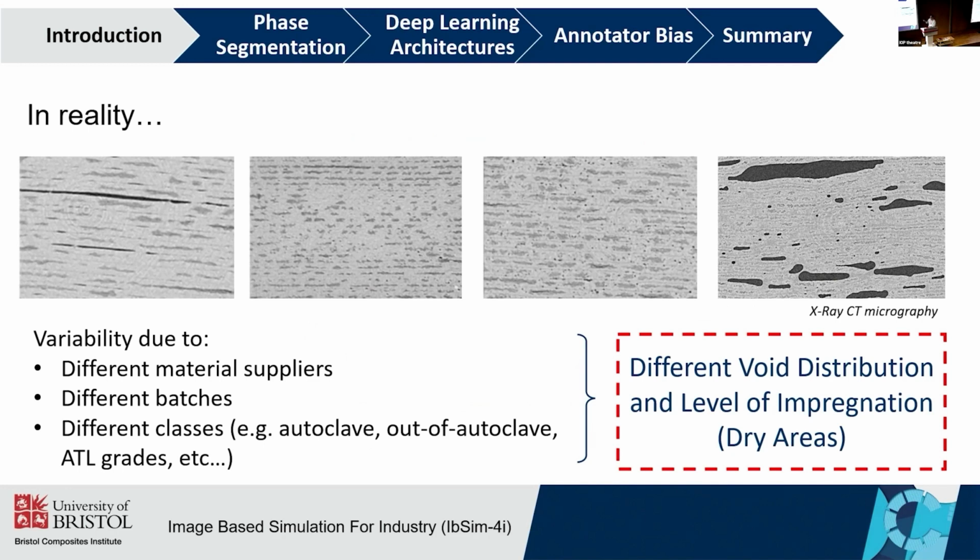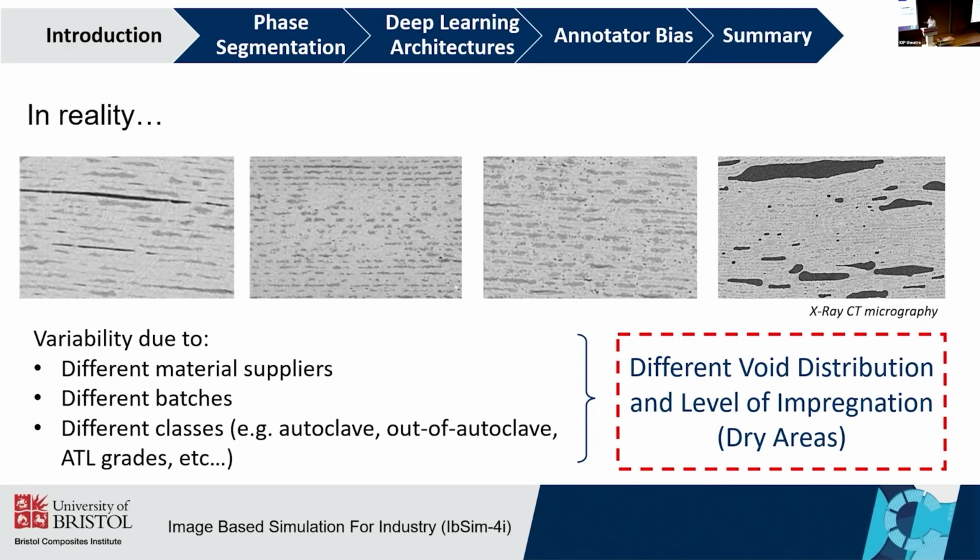So the initial distribution will differ a lot because of different factors, such as different material suppliers, different batches of the same material even, different classes of prepregs. So either we are using prepregs that are going to go to the autoclave, or they are going to be consolidated in an out of autoclave process.